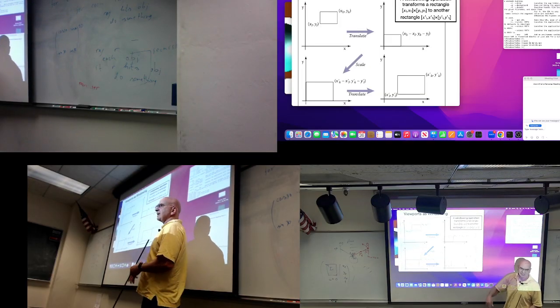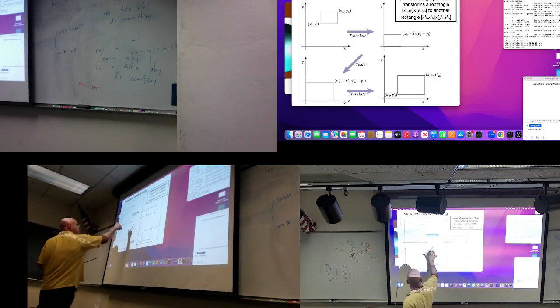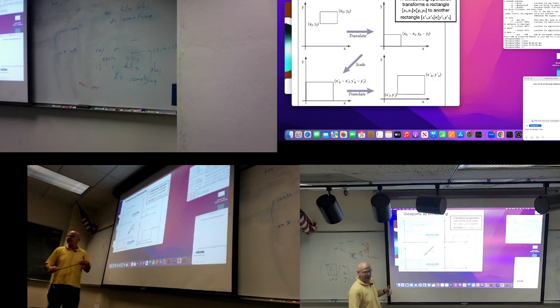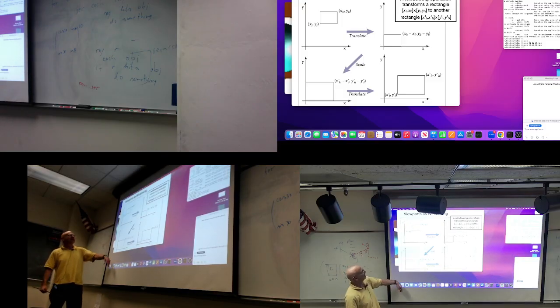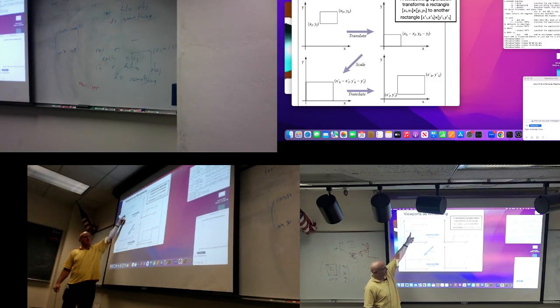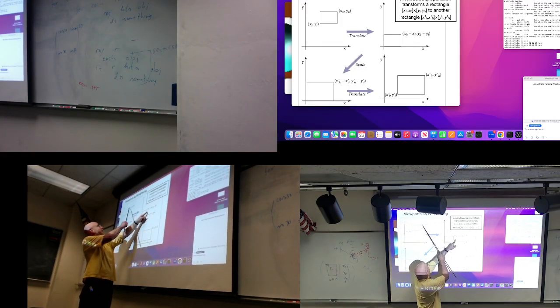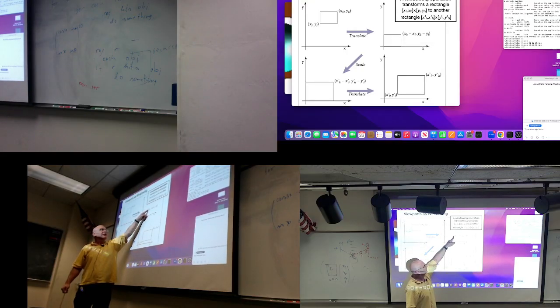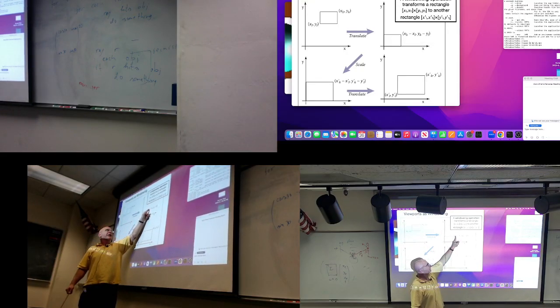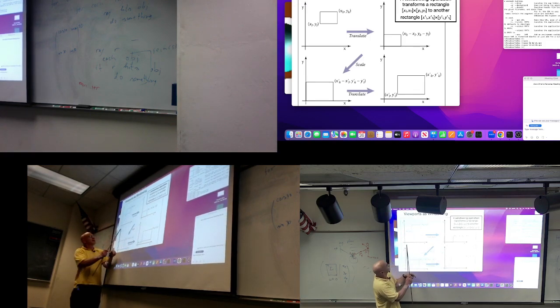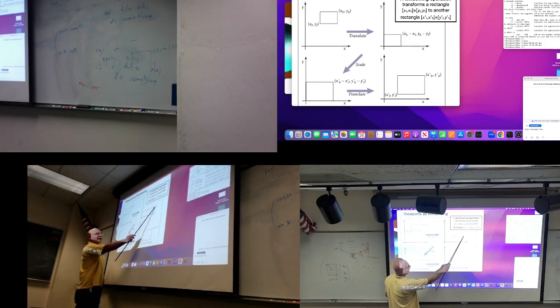So let's see schematically how to do it. I'm sure that all of you can do it in various other ways that you developed for homework 3. But based on elementary transformations, let's start with a translation that will move the lower left corner to 0, 0, which would move the upper right corner to x high minus x low, y high minus y low.